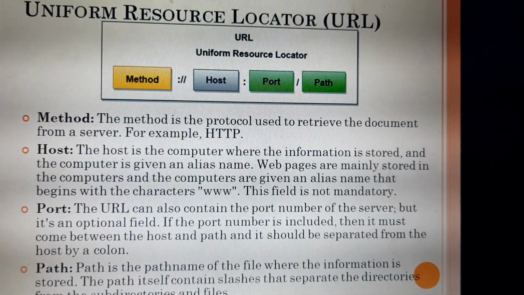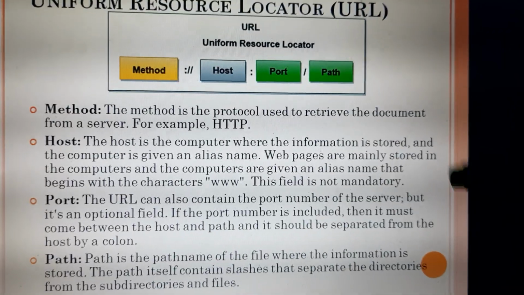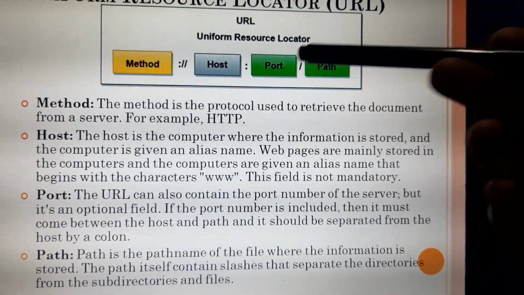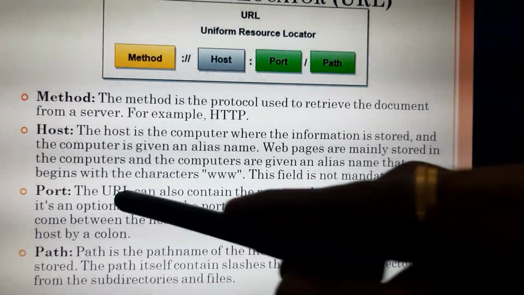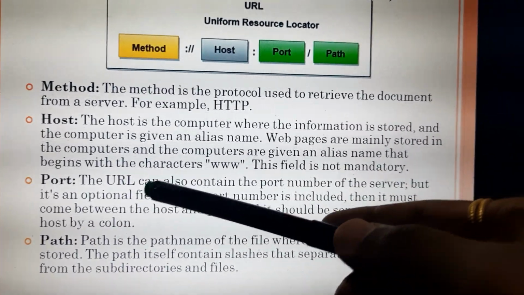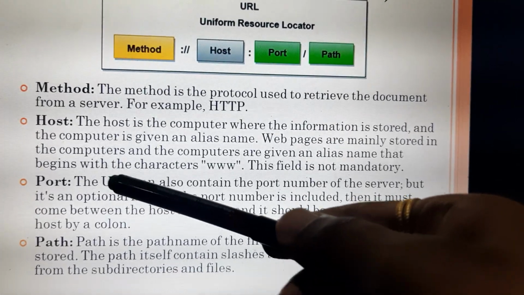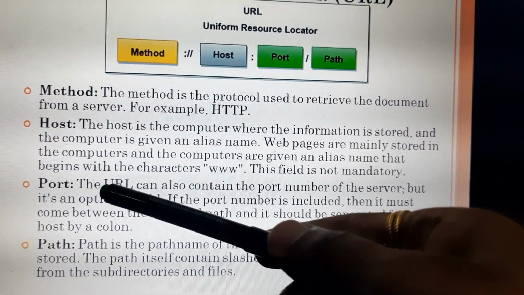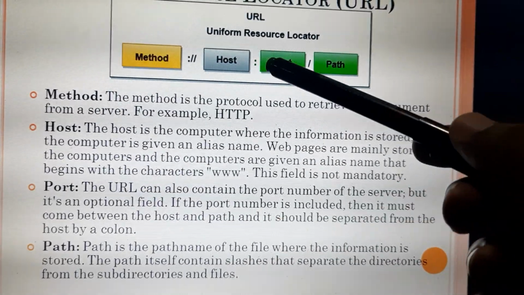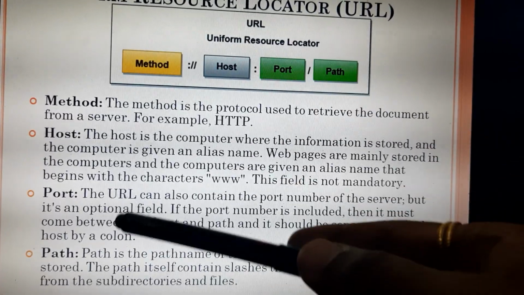So for World Wide Web, where exactly it is stored, we can access with the help of port number and path. As URL is a uniform resource locator, it finds where exactly the resource is available. So we need the third part in the URL, that is the port.